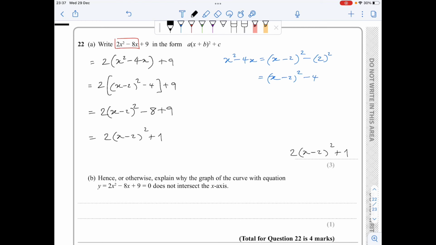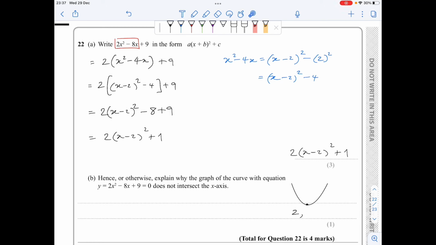Now in part B, I need to explain why the graph does not intersect the x-axis. Now note, first of all, there is a minimum because the coefficient of x squared is positive. And to find the coordinates of this minimum point, set the bracket equal to 0, so you get an x value of 2.